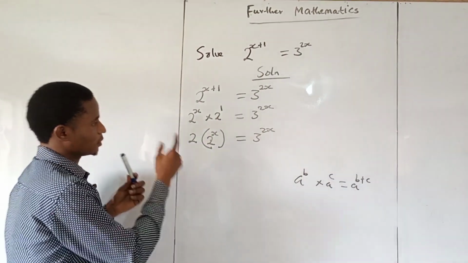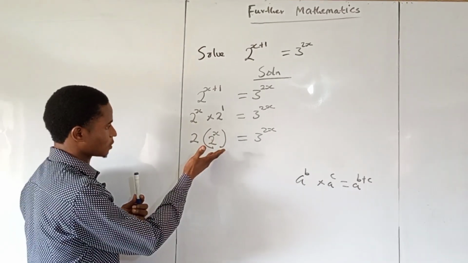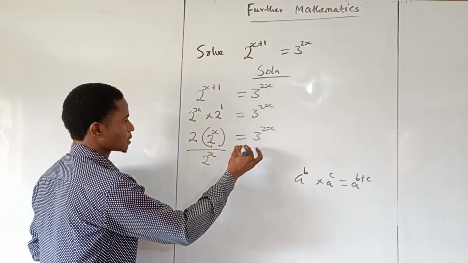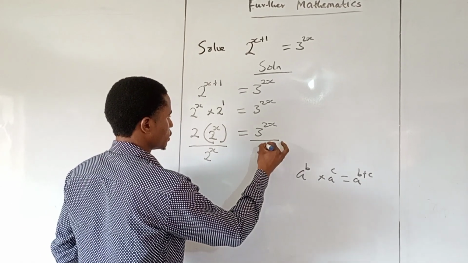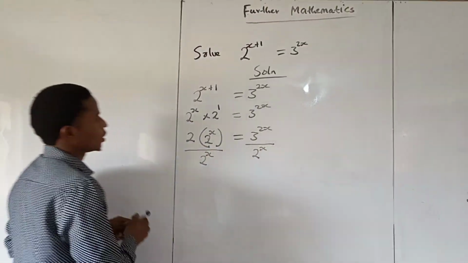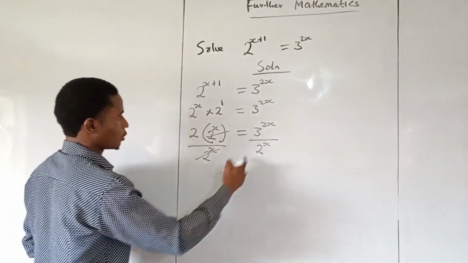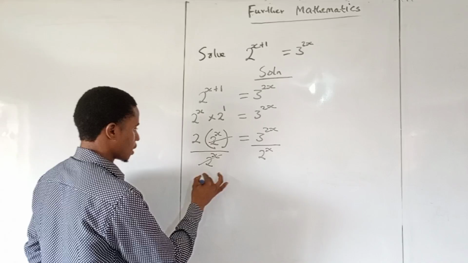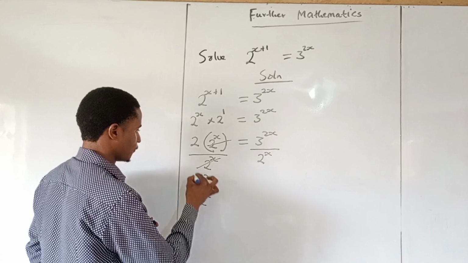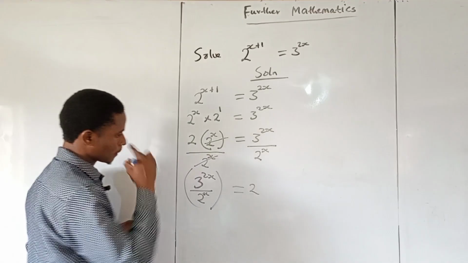Now, to move x to one side, I divide both sides by 2 raised to the power of x. This cancels this, and I now have 3 raised to the power of 2x all over 2 raised to the power of x, close the bracket, is equal to 2.